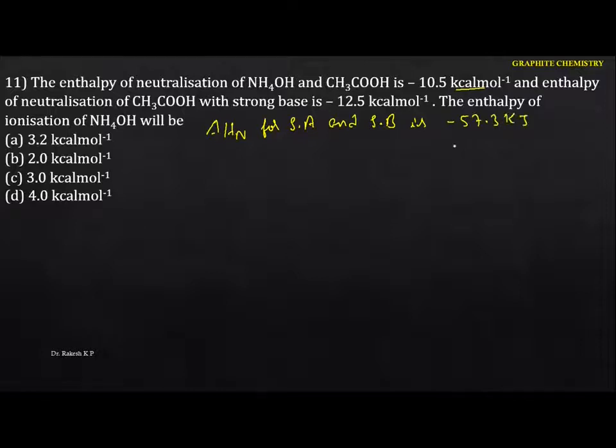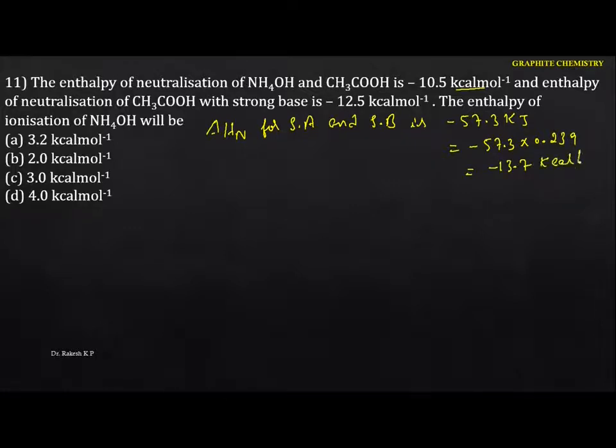If you want to convert kilojoule into kilocalorie, we have to multiply this value by 0.239. So to convert kilojoule into kilocalorie per mole, we use this, and hence the value becomes minus 13.7 kilocalorie.